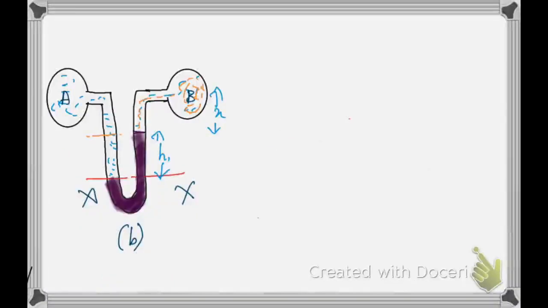In this differential manometer, you can see that both the limbs are at the same level, A and B are at the same level. So as usual, Pa and Pb are the pressures at A and B, and h is the difference in the mercury level. Here also we are going to find the same thing, that is, the pressure above xx in the left limb.